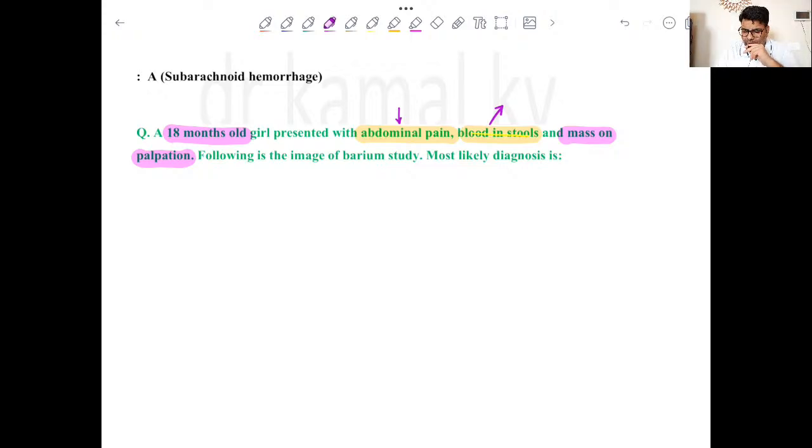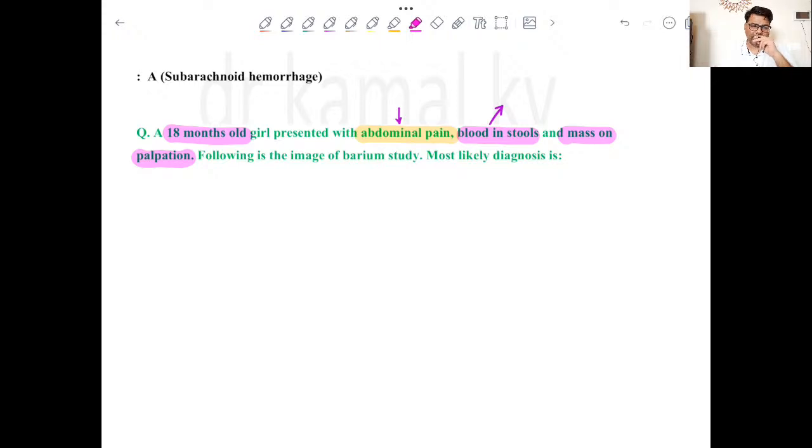Any idea what we call this? Blood in stools in intussusception. Vipin Saini, very good. Shanwas, very good. This is intussusception. Now my question is that there is a specific term for this blood in stool. Any idea what this blood in stool is known as?